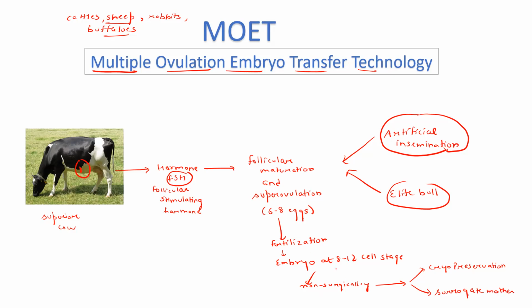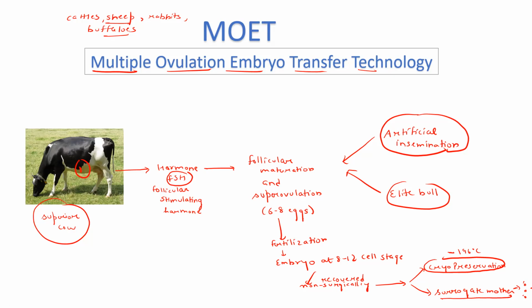After getting this embryo non-surgically, or after recovering this embryo, we will preserve them by the method of cryopreservation at minus 196 degrees Celsius, or inject it inside the surrogate mother, and now we will have an embryo of superior quality. Embryo of superior quality. Okay. And now this superior cow is again ready for another cycle of multiple ovulation embryo transfer technology.